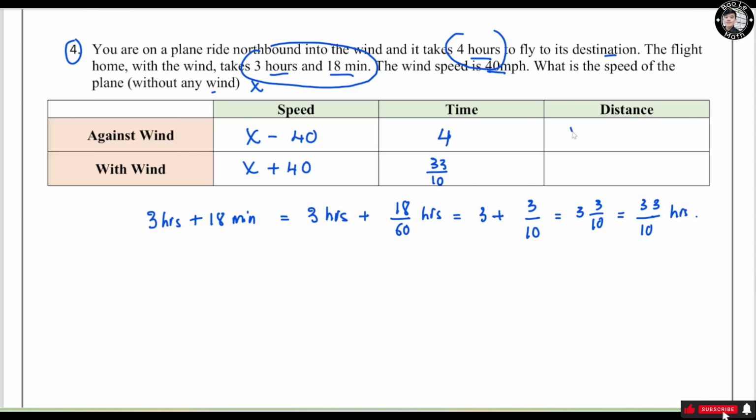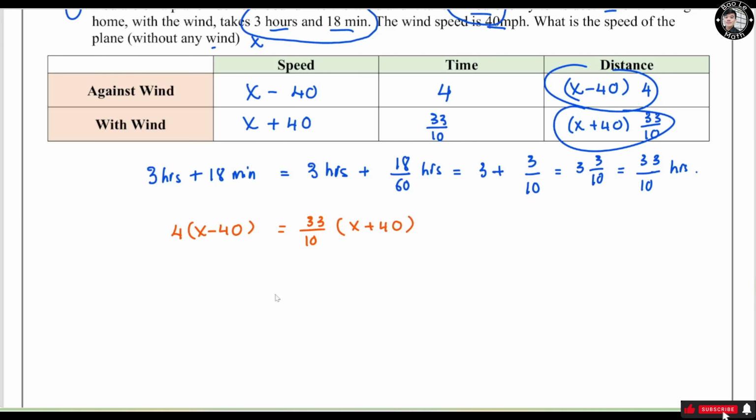Now the distance is going to be s minus 40 multiplied by 4, and this one, s plus 40 multiplied by 33 over 10. Now we just let this one equal this one. Multiply both sides by 10 to eliminate the denominator.